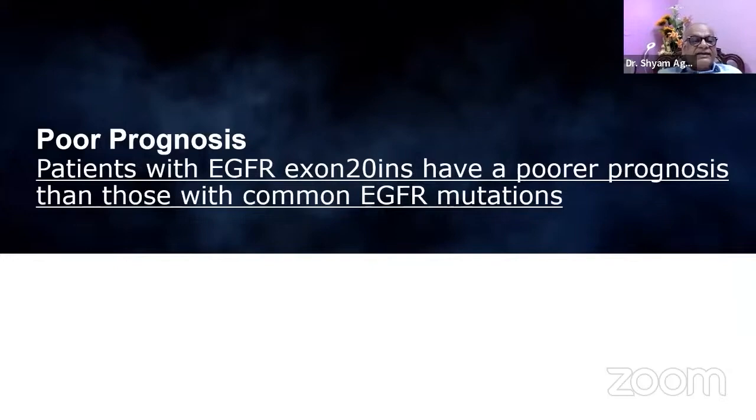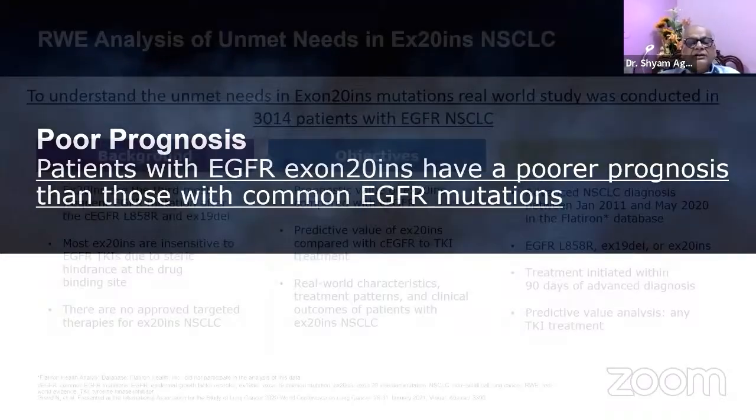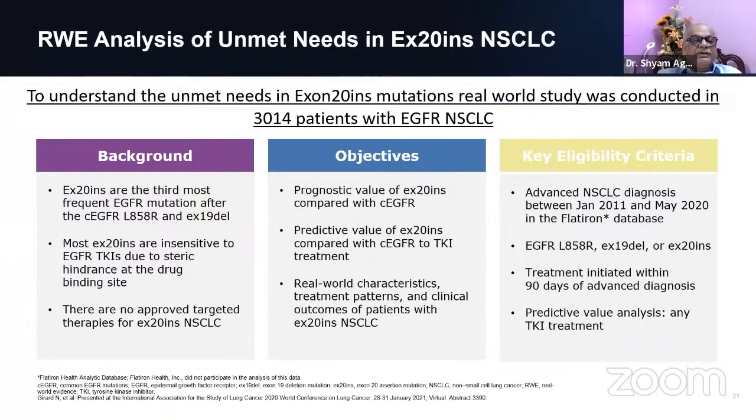So this is what I said, that patients with these insertion mutations have a poorer prognosis as compared to common EGFR mutations. And the next slide will show you the curves demonstrating the data here. So I think it's also important to remember that in a large cohort of patients, exon 20 insertion is the third most frequent EGFR mutation after L858R and exon 19.